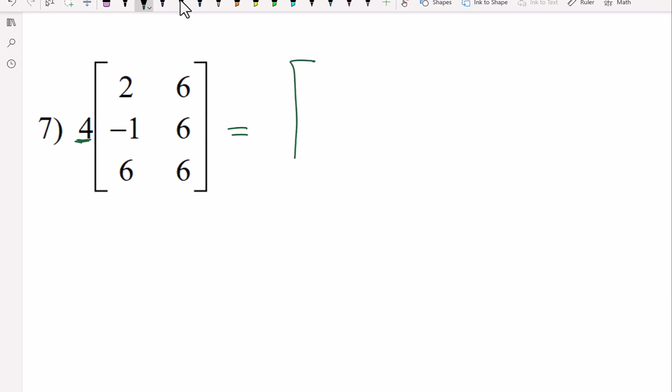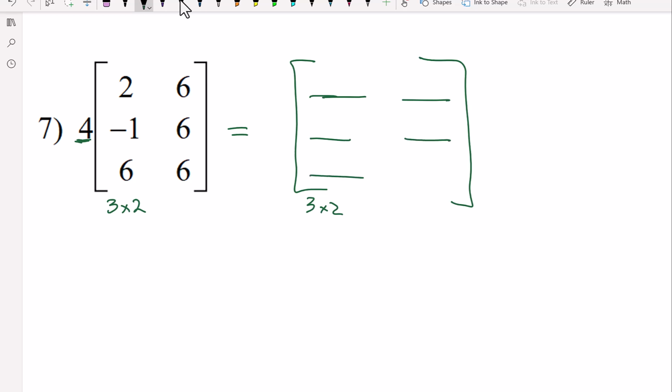So you're going to treat it like the distributive property. So this is 3 rows by 2 columns. So the answer will be, and I'm going to show the multiplication. So this is 4 times 2, 4 times 6, 4 times -1, 4 times 6.